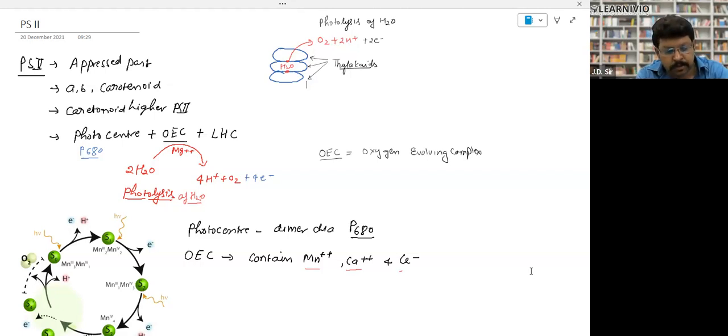Done? Note down? You do not have to note down this green diagram. I'm saying just note down this diagram.